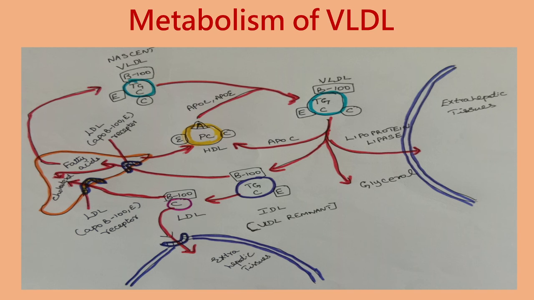For this IDL there will be two possible fates. It can either be converted into LDL, that is one fate for this IDL, or it can enter into the liver cell through the LDL receptor, which is specific for ApoB100 and ApoE.